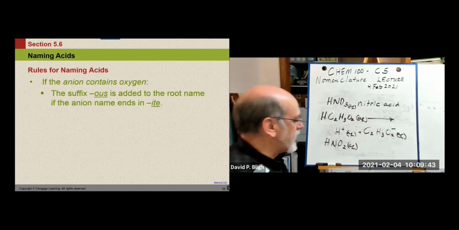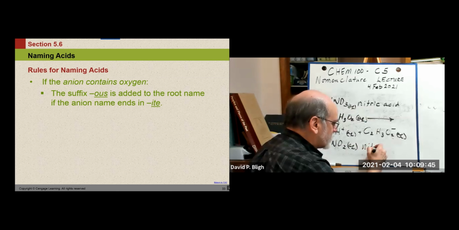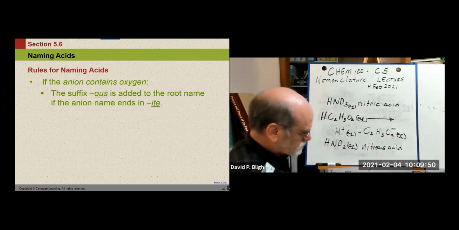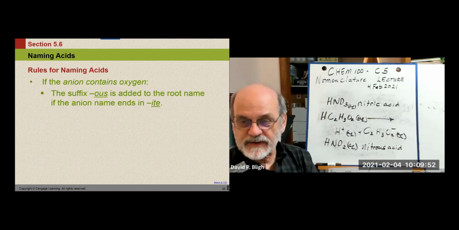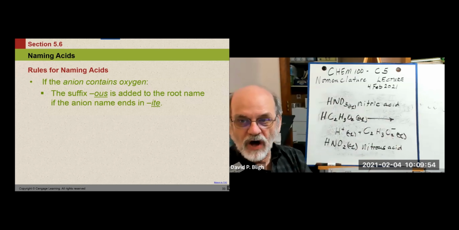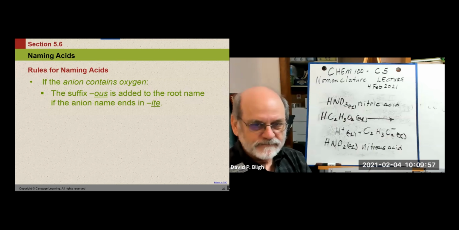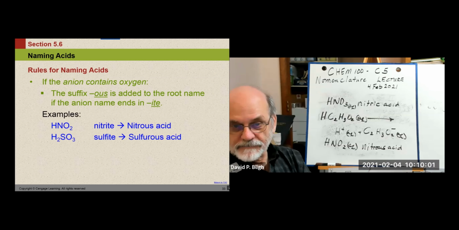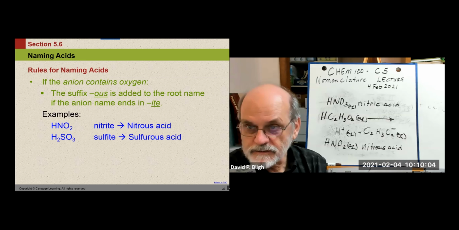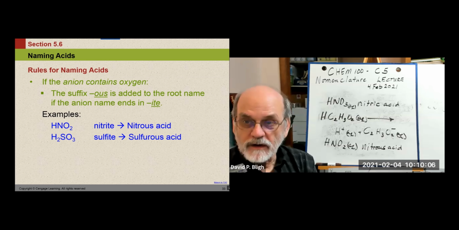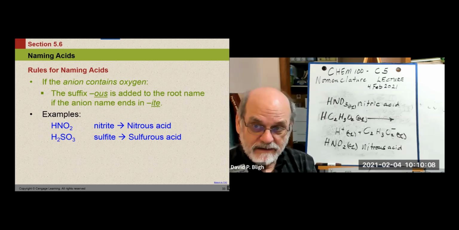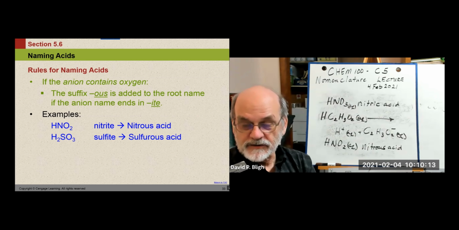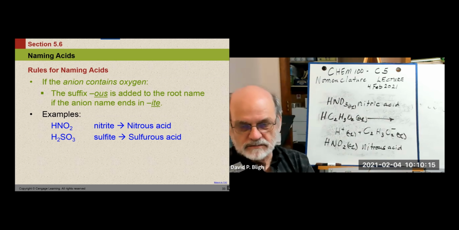So instead of nitric acid, this is nitrous acid. Okay, ATEs become IC, ITEs become OUS. Same thing with the sulfate, SO4. Sulfite is SO3, and it becomes sulfurous acid. Still oxygen, no hydro.